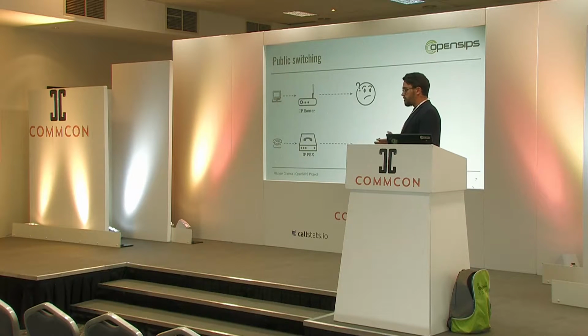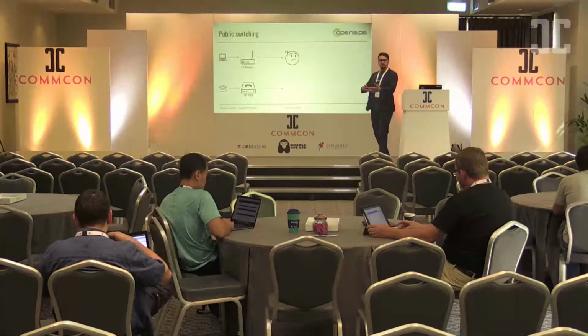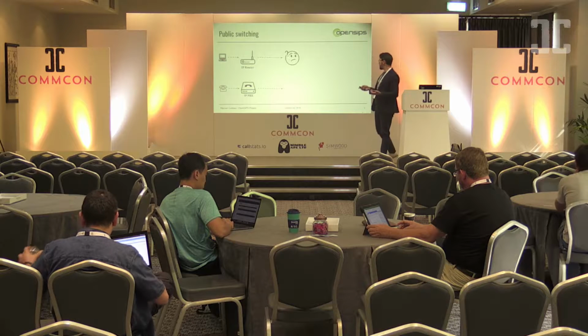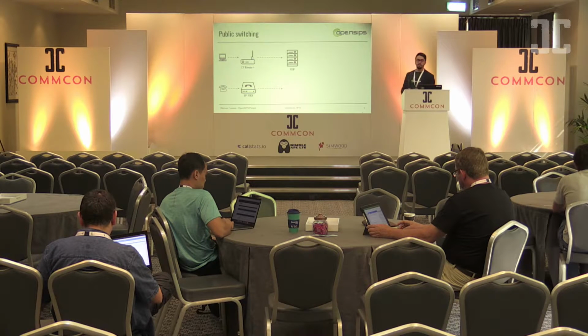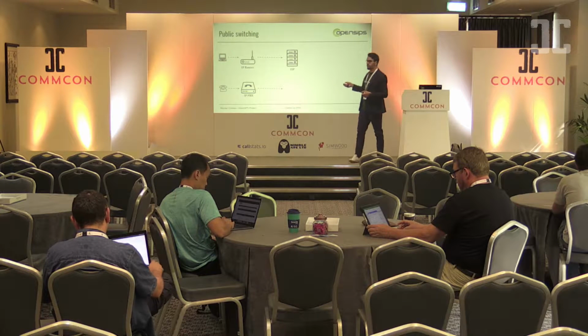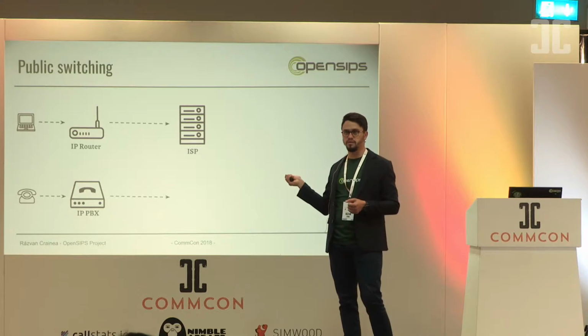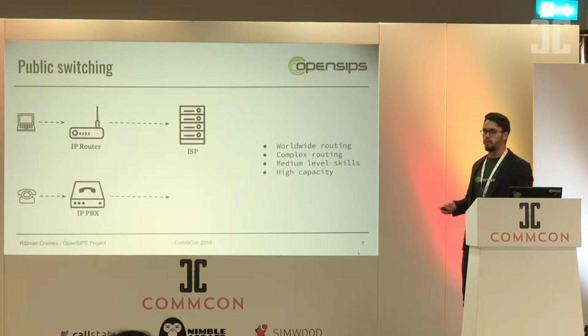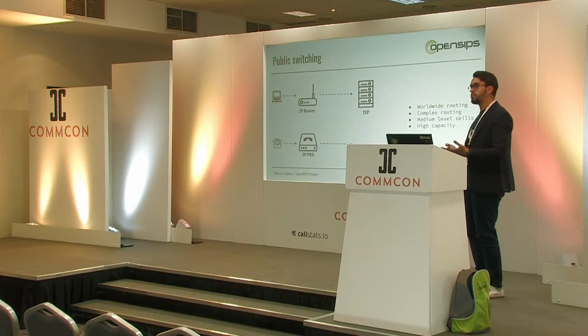Now, having reached the first hop, you have to break through. You have to reach the internet, right? And how do we do that in our home? Well, our router goes directly to an ISP, an internet service provider. This internet service provider is used to route worldwide. It has a lot of complex routing logic.